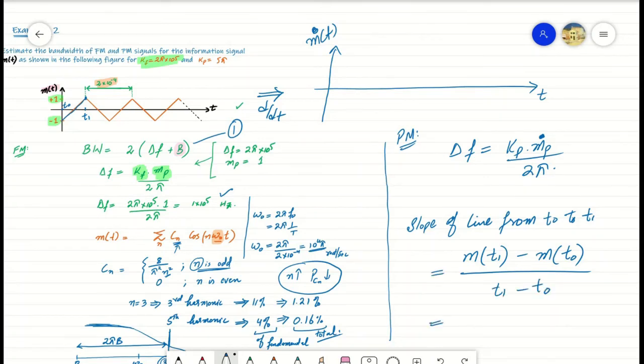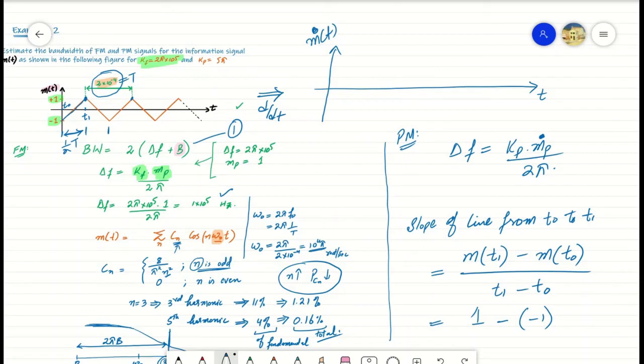By substituting the values, the amplitude at t1 is +1 minus the amplitude at t0, which is -1, divided by the time separation. The time separation between two consecutive peaks is represented by 2 into 10 raised to the power -4 seconds. Therefore, the interval from t0 to t1 represents only half of the time period T of this wave, where T was 2 into 10 raised to the power -4 seconds.